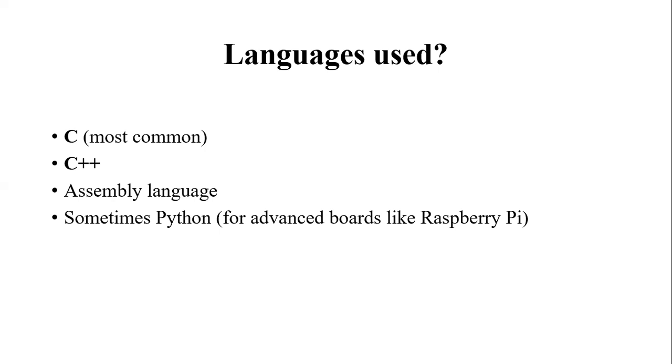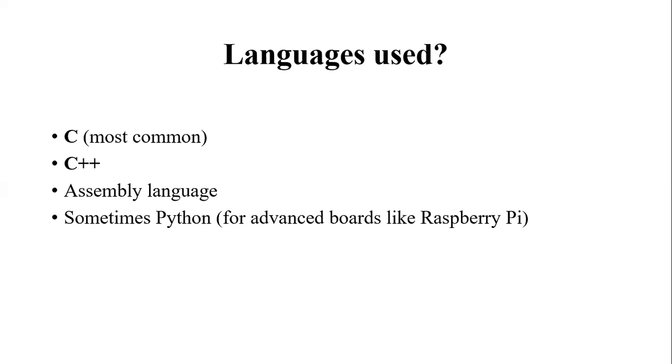And the third language is assembly language, which we have regularly used in academics. Sometimes for advanced systems we use Python, an advanced language. That one is used in advanced development boards like Raspberry Pi related boards, right?